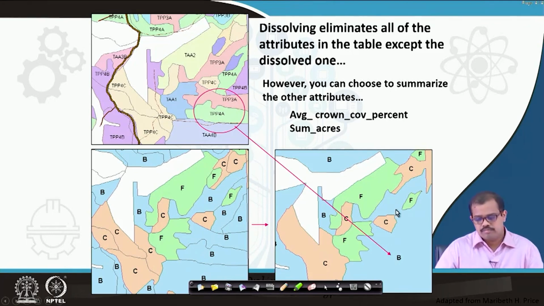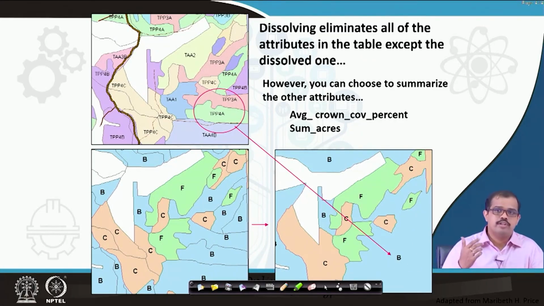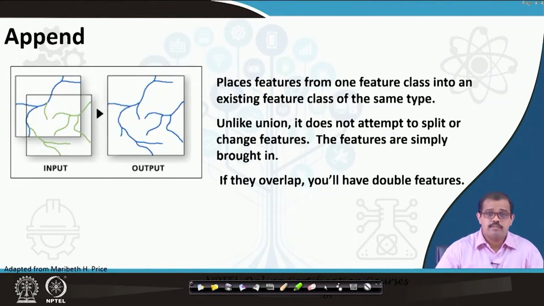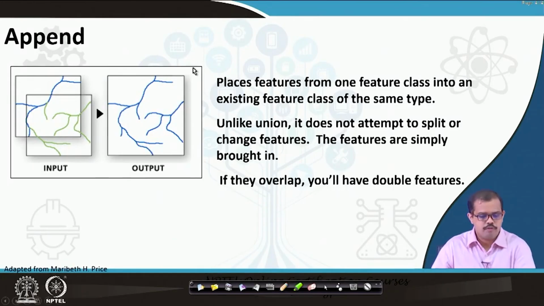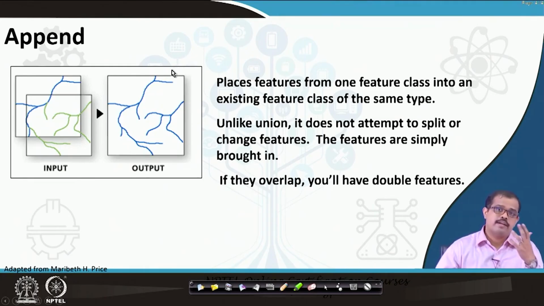You can choose to summarize other attributes which are related if they are not dissolved. Whatever is dissolved, you lose those attribute data, and only the things that are not dissolved remain as they are. There is something called append. For example, it places features from a feature class into an existing feature class of the same type.